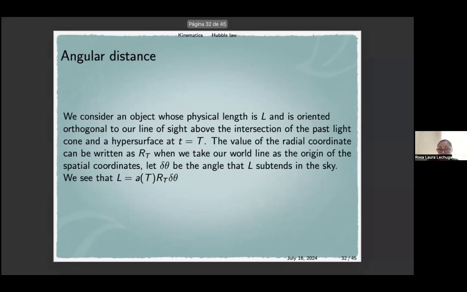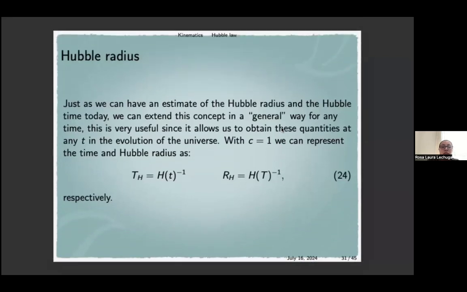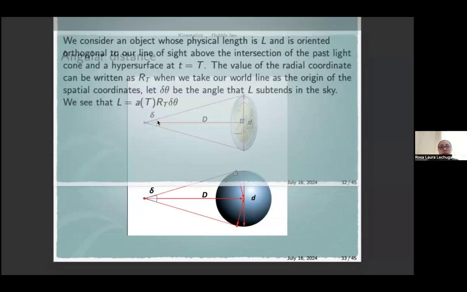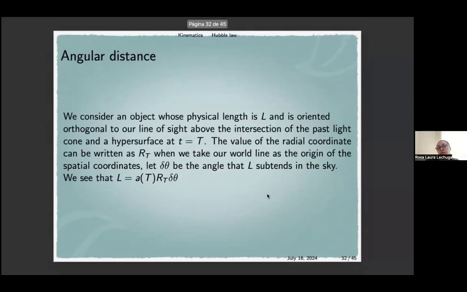The value of the radial coordinate we can write as r, and we take the world line as the origin of the spatial coordinates, and we're going to consider an angle that this physical length subtends in the sky.